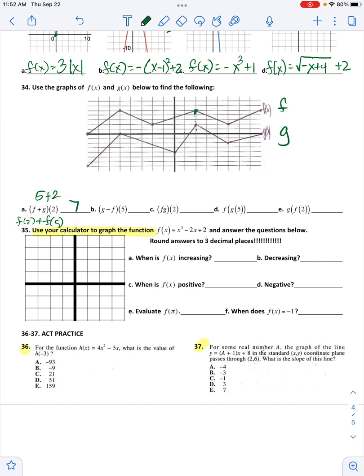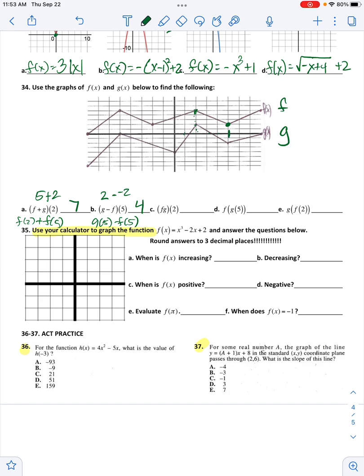So I get a 7. Subtraction is simply g of 5 minus f of 5. So at 1, 2, 3, 4, 5, the f value is a 2, and the g value is a negative 2. And so I'm going to have 2 minus negative 2, so I end up with a 4.